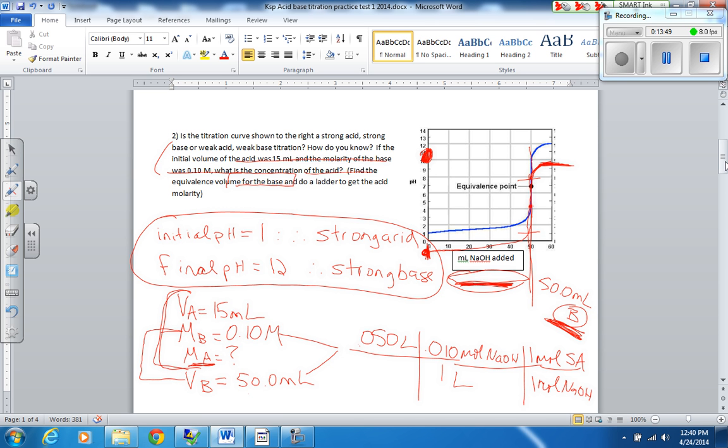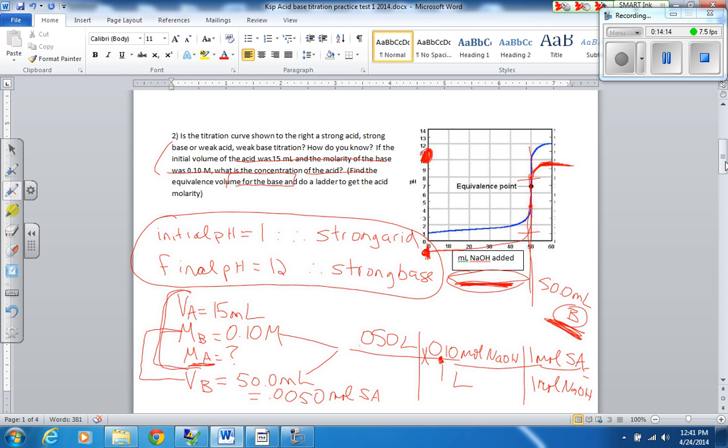So that equals 0.005. I wrote something wrong. Hang on. This is 0.10, did you catch that? You see that? This is 0.10 over here. Okay, so that's 0.0050 moles of the strong acid.